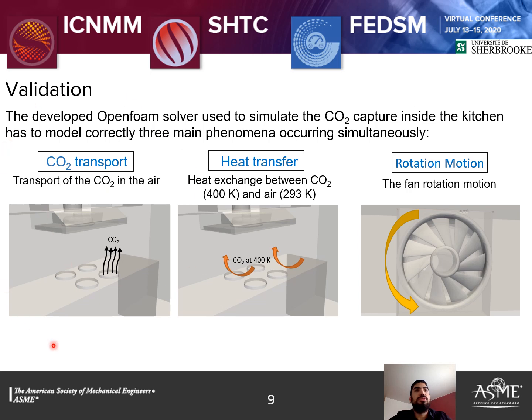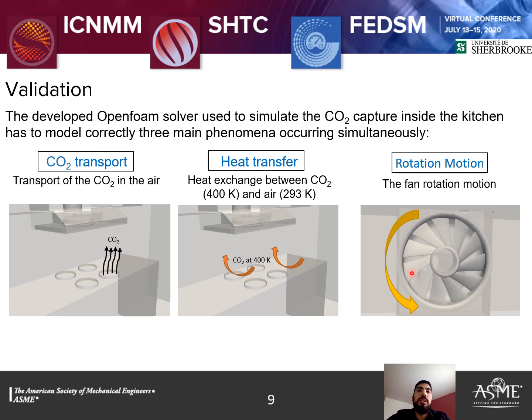First of all, we have the CO2 transport, where the CO2 is introduced to the kitchen through the burner, and then is extracted through the range hood system. So we have to model accurately the CO2 transport. Secondly, we have to model accurately the heat transfer between the introduced CO2 at 400 Kelvin and the ambient air. And the third part, we have to model accurately the rotation motion of the fan. So this solver has to predict accurately each phenomenon separately.